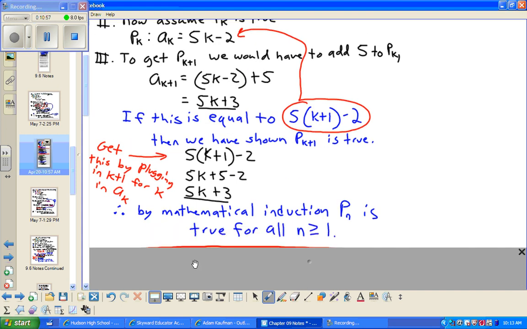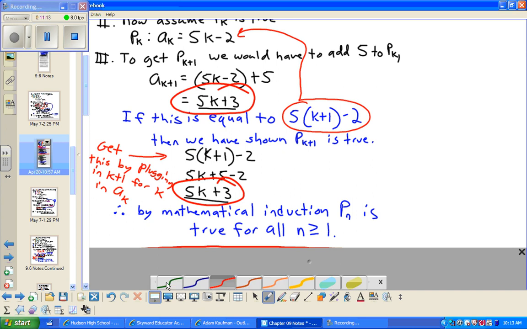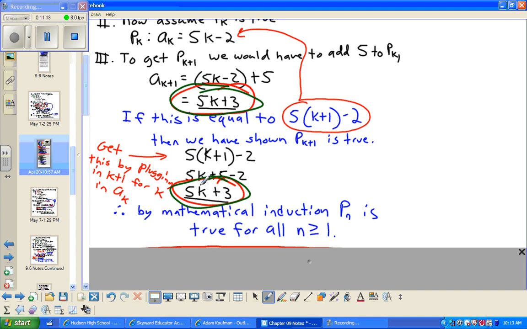I'm going to take and plug in a k plus 1 into this statement I have here, simplify it out, and since I got the same answer here and here, I've proven then, therefore, by mathematical induction that P sub n is true for all integers n greater than or equal to 1. And that's how, what is it, 6 through, no, maybe 5 through 8 on your homework assignment will go.